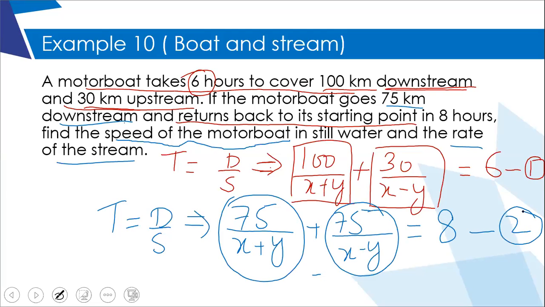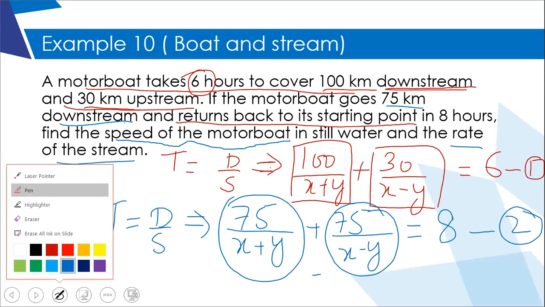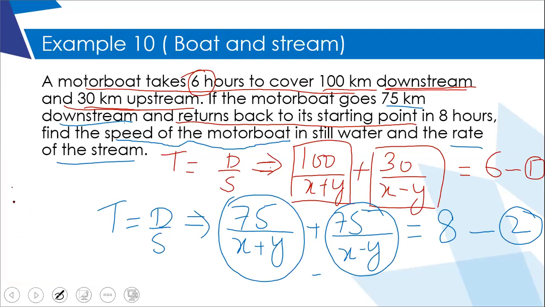Then what we will take for x plus y and x minus y? You have done this kind of example, where you take 1 upon x plus y as u and 1 upon x minus y as v. Understood?